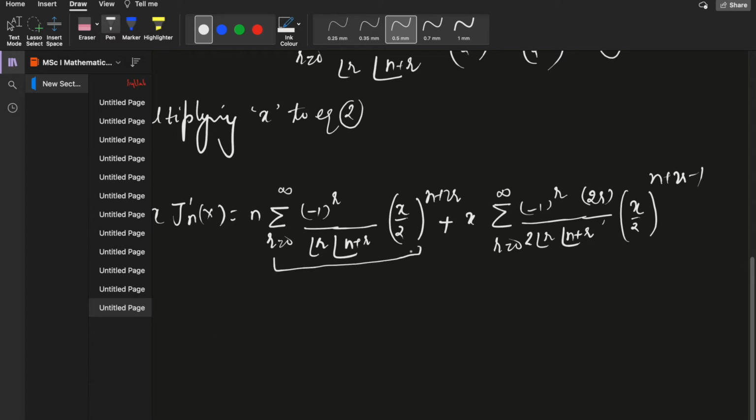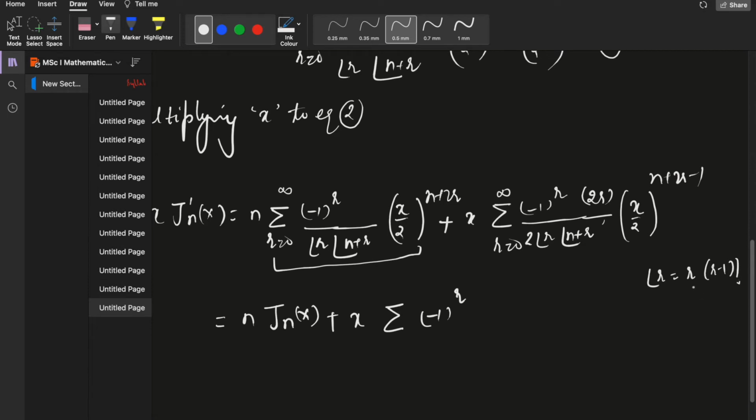If I look closely, this is nothing but J_n x, so I can write it as n J_n x plus x times the summation of (-1)^r. If I remember, factorial r equals r times (r minus 1) factorial.